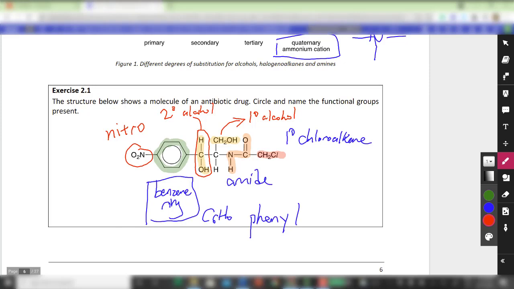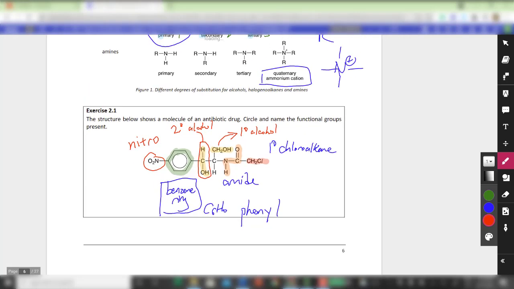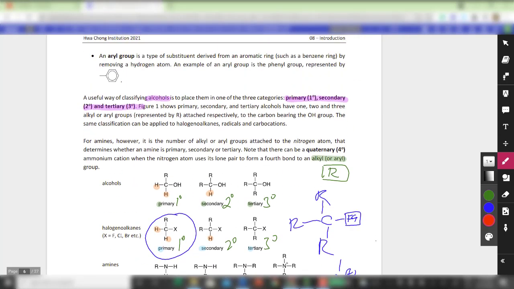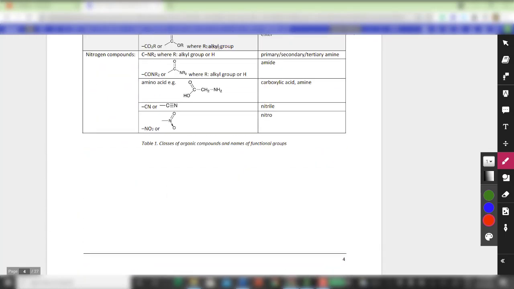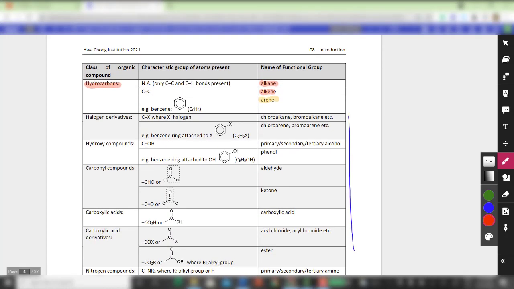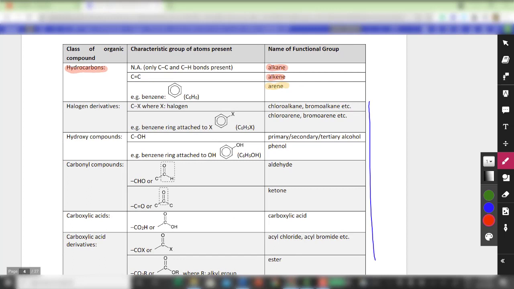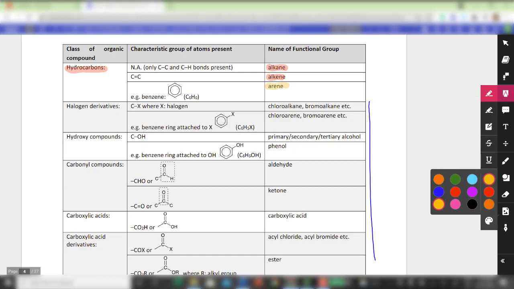Some of you might be a little bit confused about one of the terms, so maybe I just go back to this. Let's say for an alcohol, you might be a little bit confused over, for example, the usage of the term hydroxyl as well as alcohol.